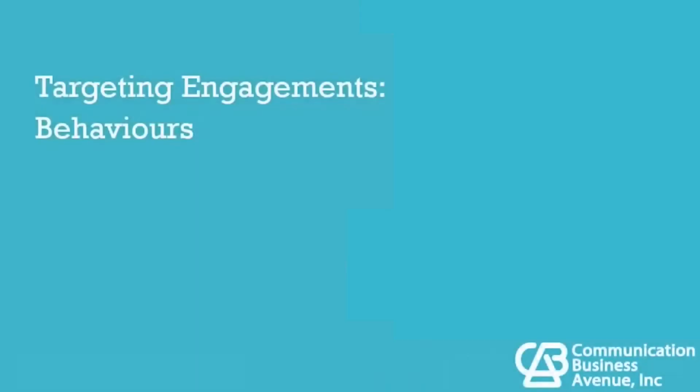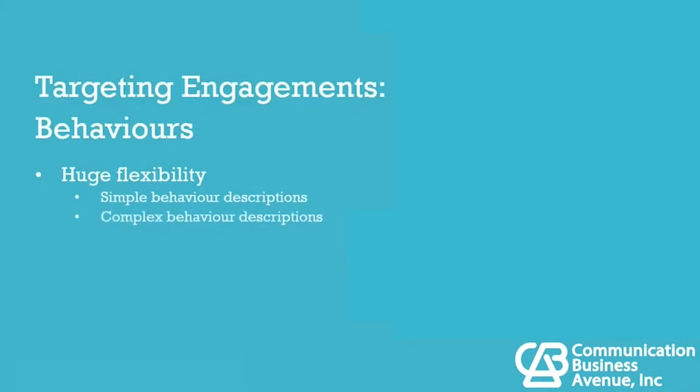So there we are, hugely flexible, with the ability to describe everything from simple all the way to very complex and very specific visitor behaviors. Using behavior to target engagements enables you to unlock huge business value from Live Assist.